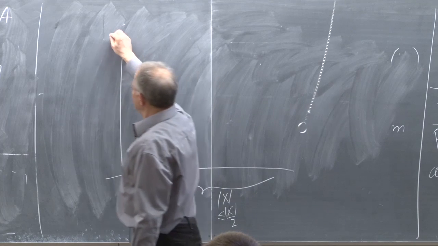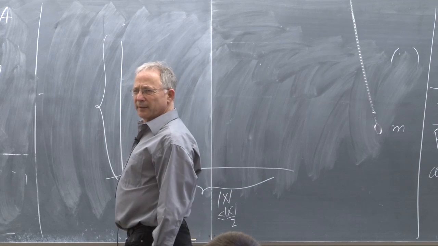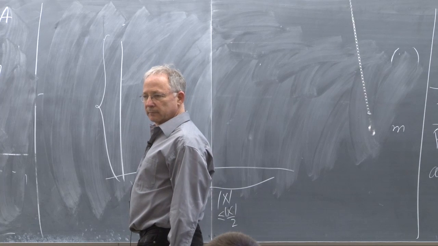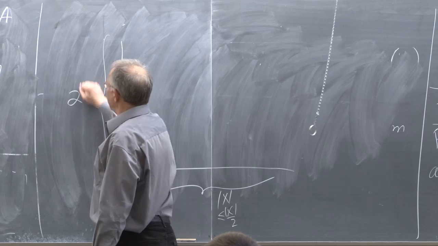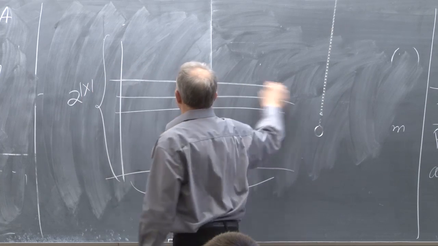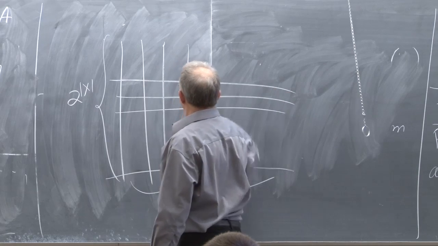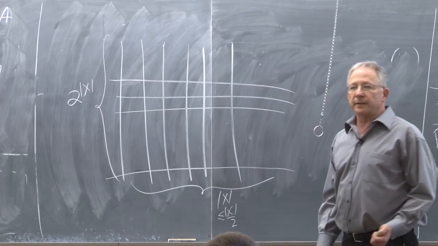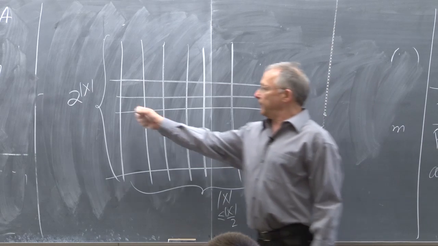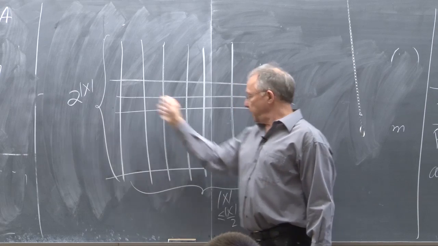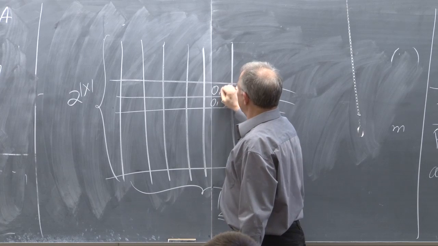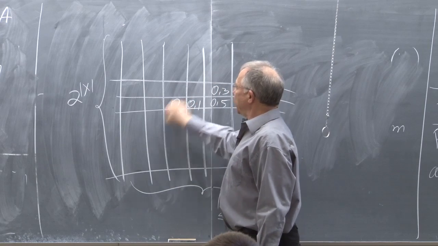The size here is all possible functions from x to {0,1}. So how many such functions do I have? 2 to the x. So it's a very big table. And in every entry of this table, I have a real number, which is the error of my algorithm when I'm using this function and this sample. So here I have 0.5, and here I have 0.3, and here I have 0.1, and here maybe I have 0.